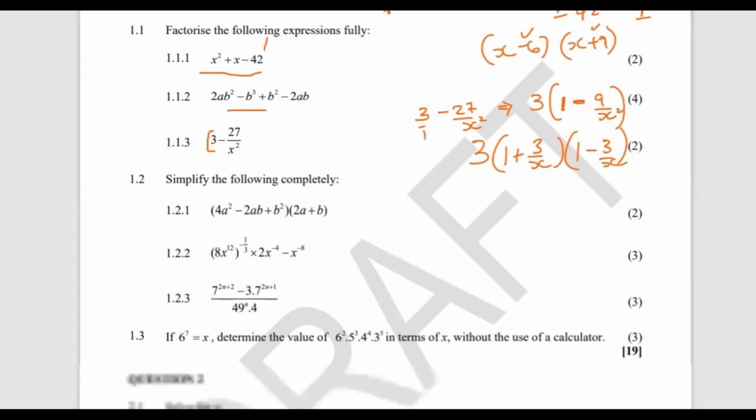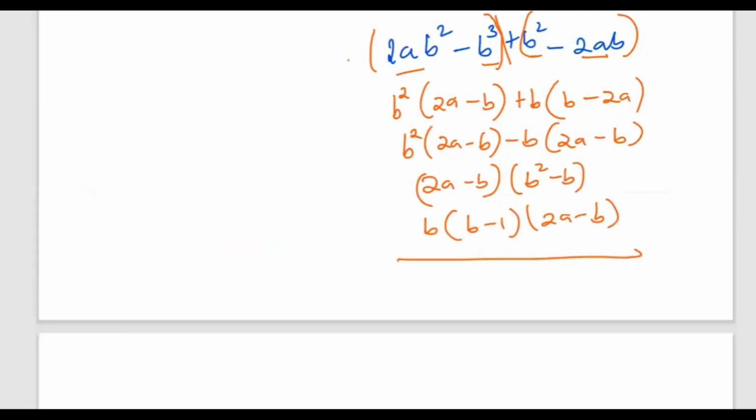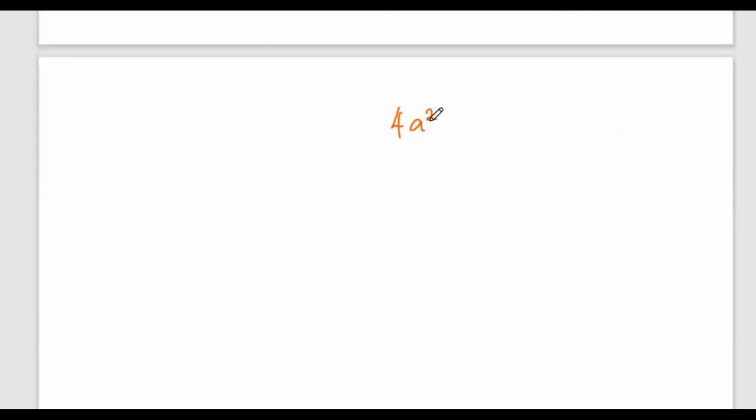Products, multiplying. Okay, so with this, we apply what we call the FOIL. Not really FOIL as such, dots and stuff like that. So I'm going to use 4a squared, minus 2ab minus 3ab plus b squared.